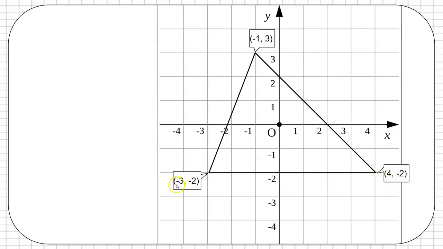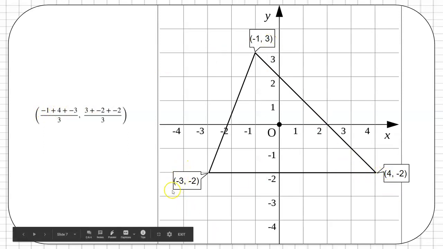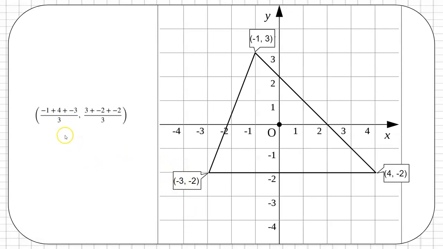And this vertex is at -3, -2. So when we put these into the equation, we get -1 plus 4 plus -3 divided by 3. -1 plus 4 is 3, plus -3 is 0, divided by 3, or 0 over 3.